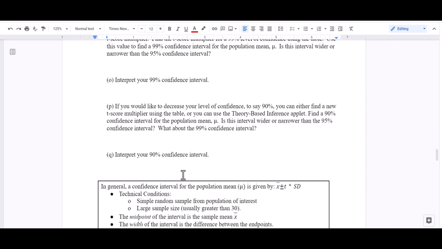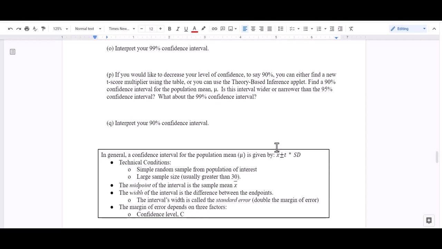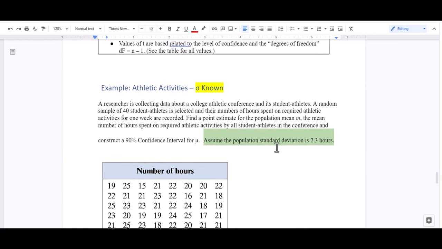What is happening as you increase the level of confidence? So once you complete 99 and 90, look at the 90% confidence interval, then look at the 95, then look at the 99, right? What is happening to your confidence interval in terms of its width? So think about that. I'll record another video to do the last example.